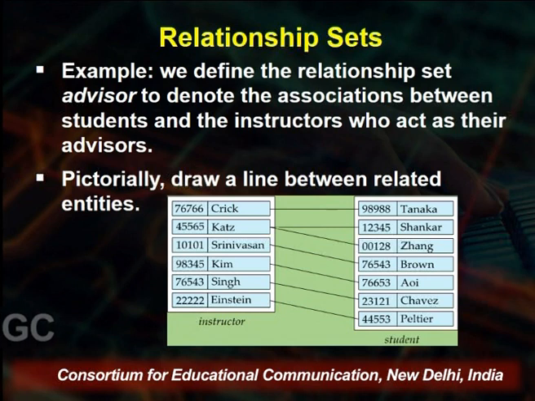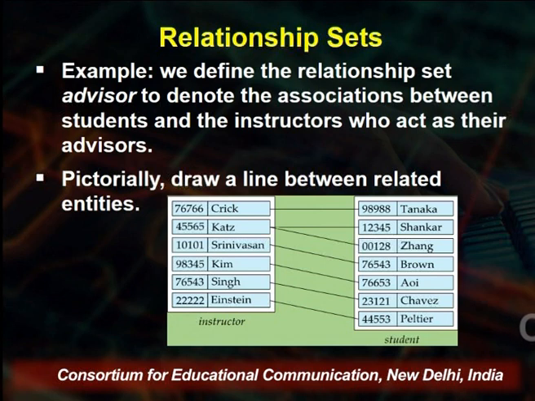Now, in order to show the relationship of the advisor, we can draw lines between these individual entities which are present inside the entity set. Here, if you can see, we draw a line pictorially between these related entities. For example, 76766 Crick, who is an instructor, is associated with the student with student ID 98988, whose name is Tanaka.